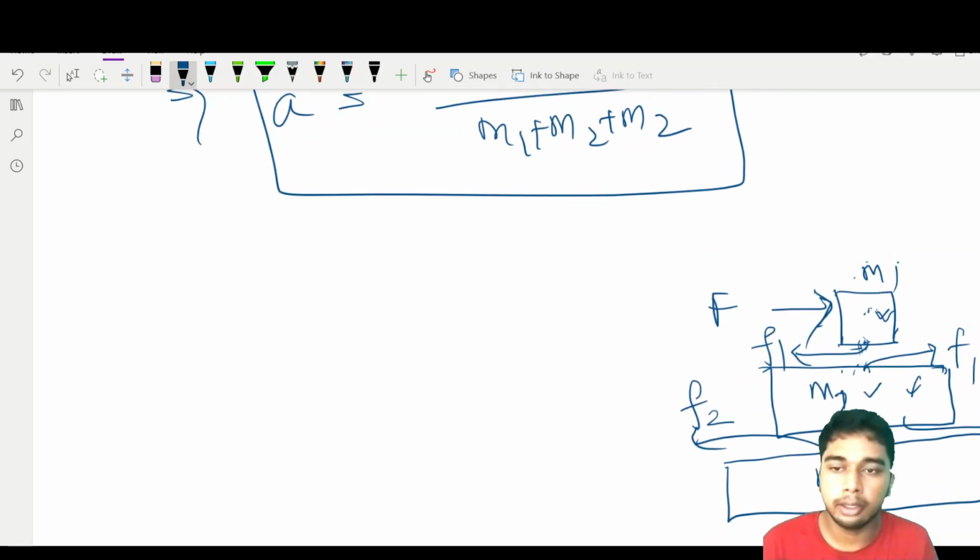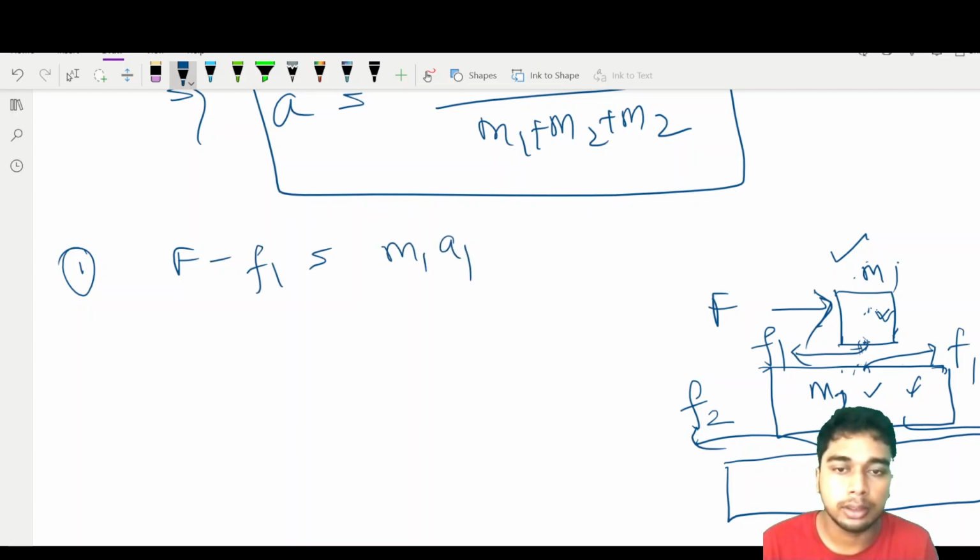So if I write the equation of motion for the first block, it will be just F minus small f1 is equal to m1 a, because I consider that all the blocks are moving together, so all the blocks will have a common acceleration. So from here, a I know already, so I want to know what will be f1.